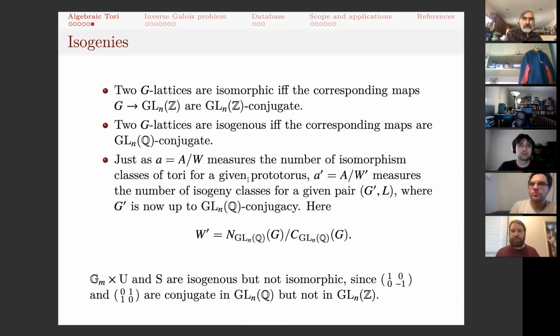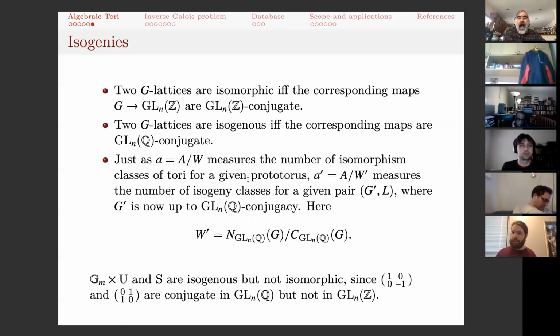I'm just going to mention briefly that you can do the same story again for tori up to isogeny. So we've been talking about tori up to isomorphism. If you want to look at isogenies, that corresponds to, instead of taking GL_n(Z) conjugacy, looking at which subgroups become conjugate under the action of GL_n(Q).